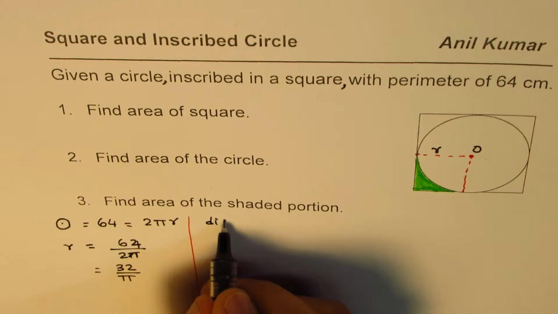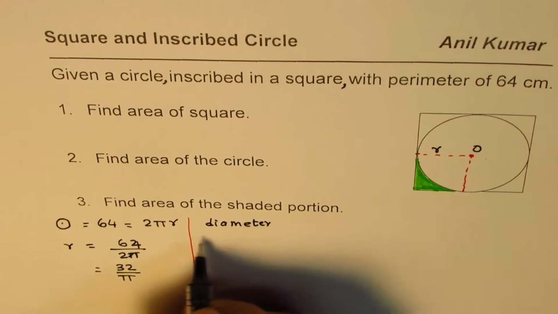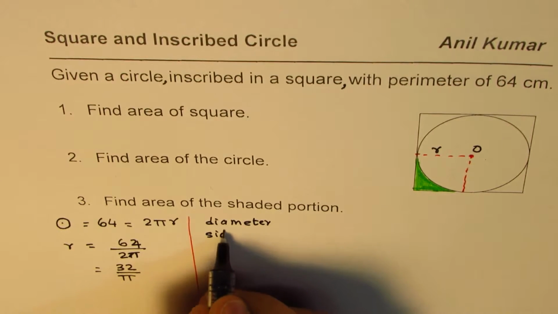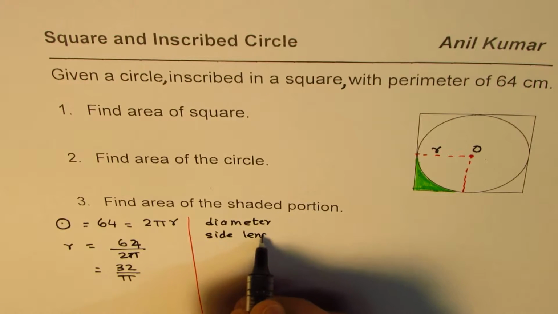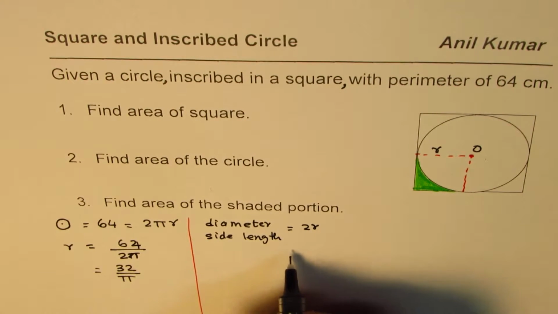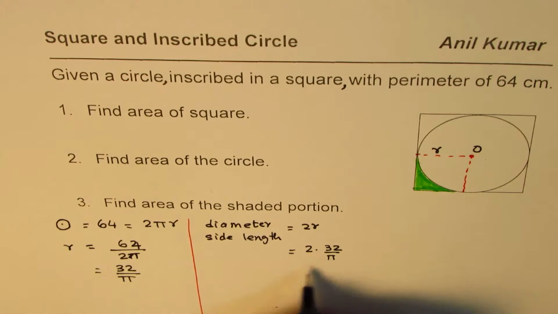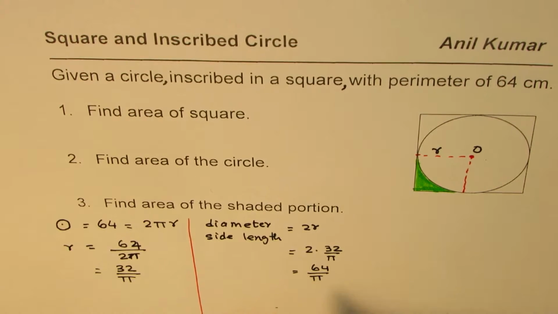Diameter, which is also the square's side length, is 2r, 2 times r. So in this case, that will be equal to 2 times 32 divided by pi, or 64 over pi, correct?